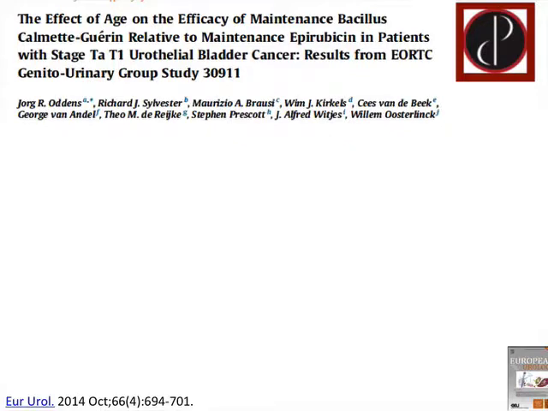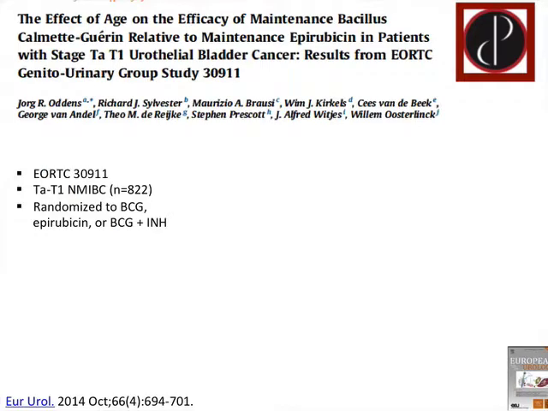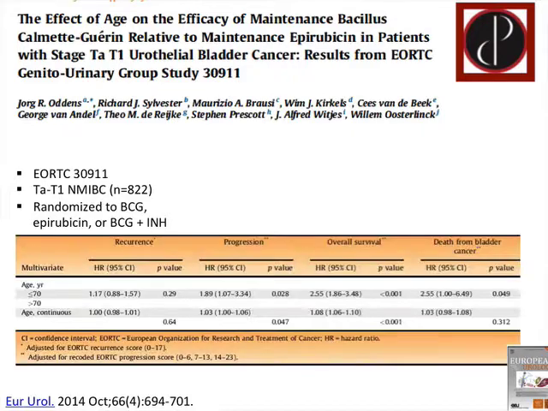And then the EORTC study published in October 2014 looked at 800 patients, randomized them to BCG, epirubicin, BCG, and isoniazid in the 3 different arms, and they didn't include any CIS, TA, and T1.